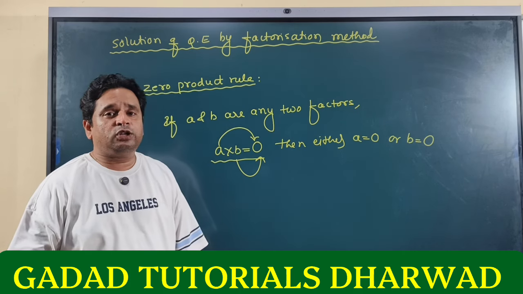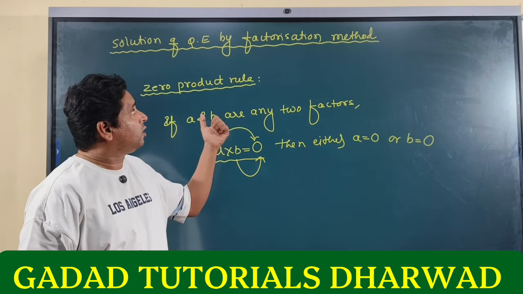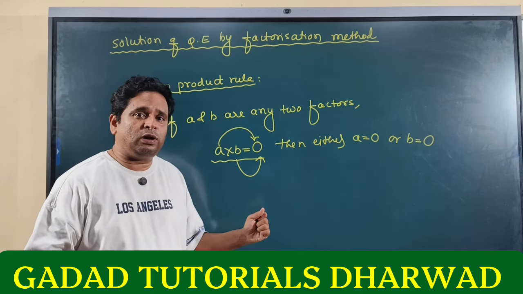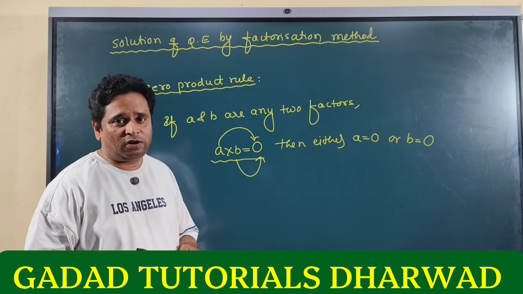This is called the zero product rule. While solving a quadratic equation by the factorization method, you have to apply the zero product rule and find the roots of the quadratic equation.